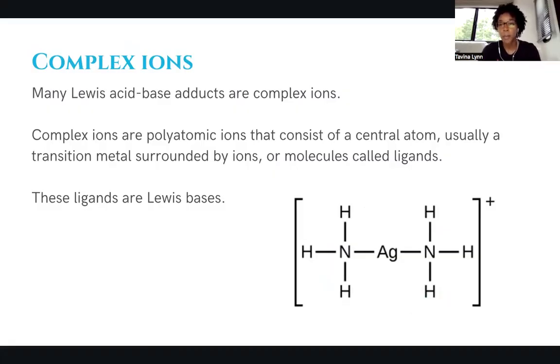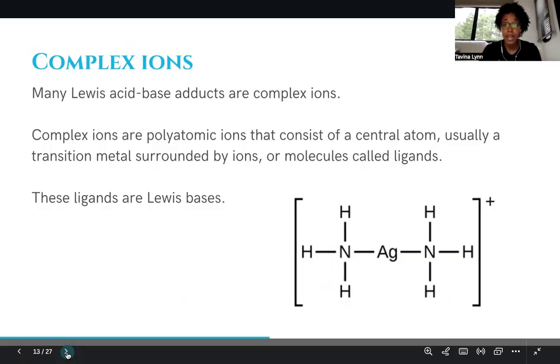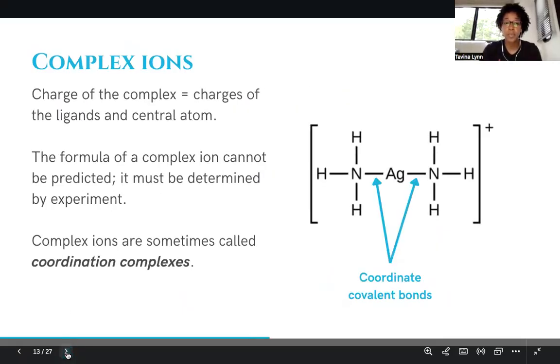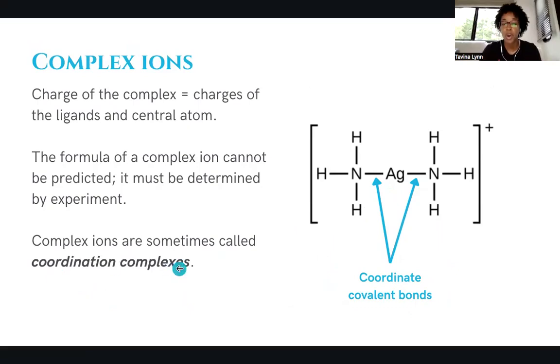So we'll talk more about this terminology in the next section, which will be called coordination chemistry, right? Because complex ions are also referred to as coordination complexes, where we have some transition metal that's coordinating some ligand molecules, and they're connected through coordinate covalent bonds.